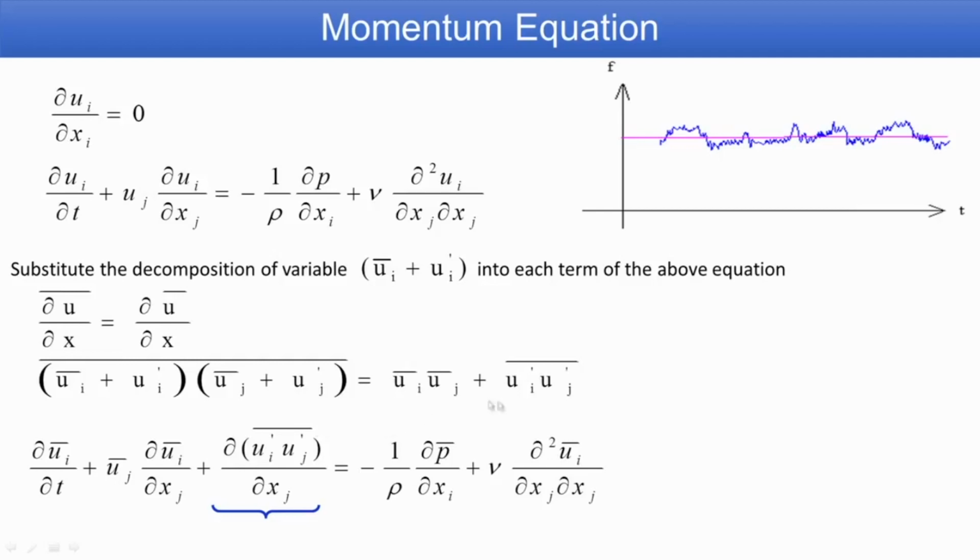So, if you substitute this term for the convection term, you can apply similar steps to each term separately, for the derivative, separately for pressure, separately for the diffusion term, and finally you get an equation as shown here.